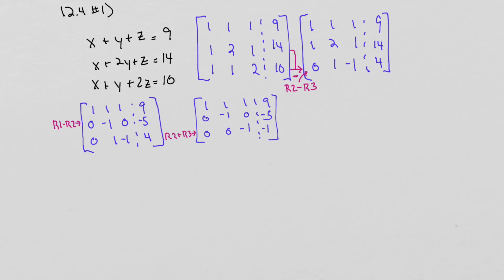Once you have reached the point where your third row has a 0 and 0 in the first two places, and your second row has a 0 in the first place, in other words, you have this little triangle of zeros, you can take these back out of the matrices and make them into equations. Okay, so we're going to say this is -1 times z, and then the dotted line equals -1.